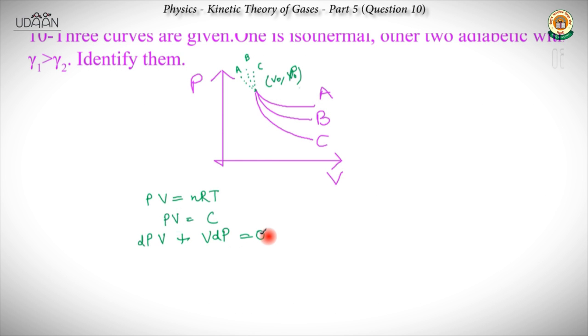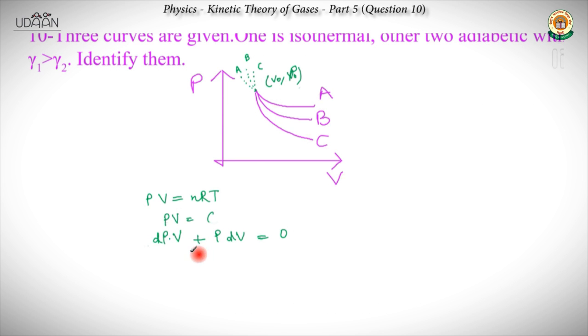We have to find dP by dV, which would give us the slope. This is for the isothermal process. We just made a small error here: dP into V plus P into dV would be 0.